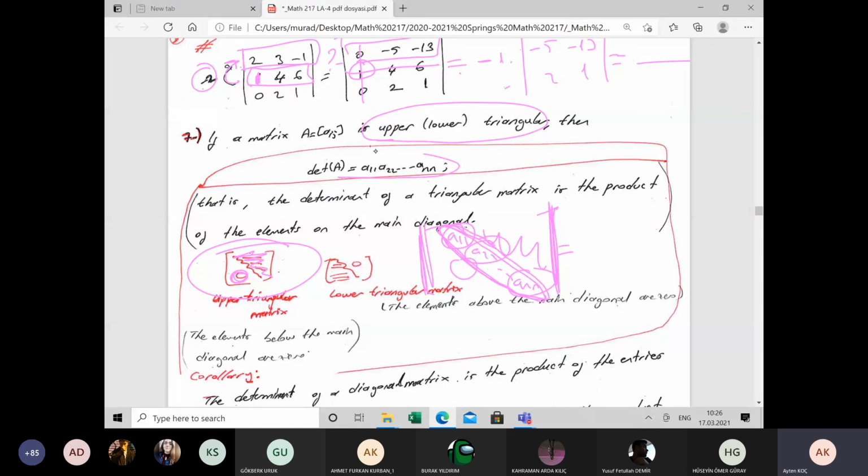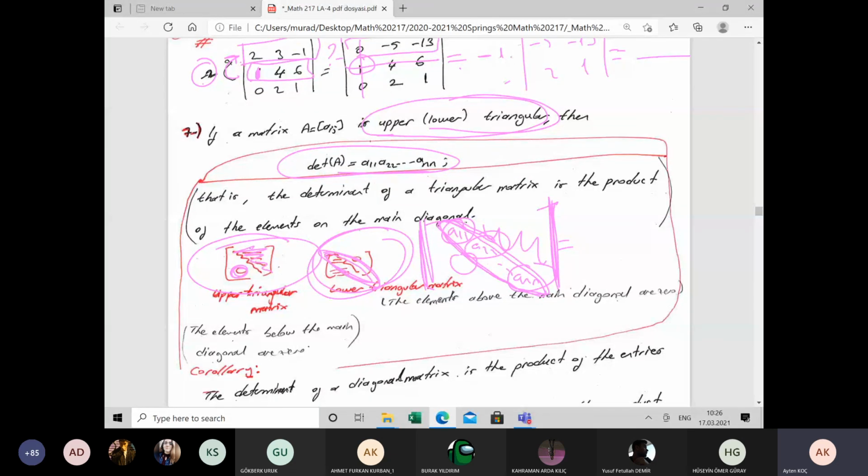It's okay? Also, this is valid for a lower triangular matrix. Look at the main diagonal entries, and the product of the entries on the main diagonal gives the determinant. It's okay.